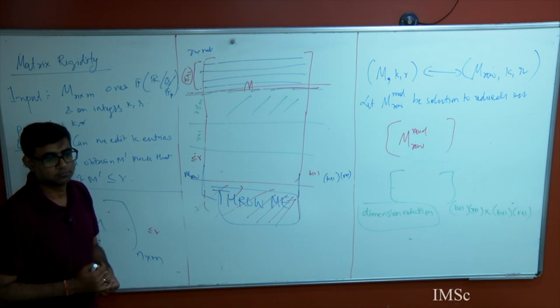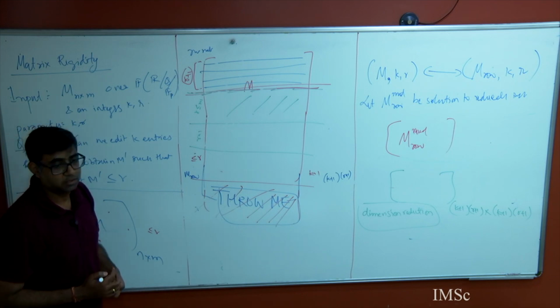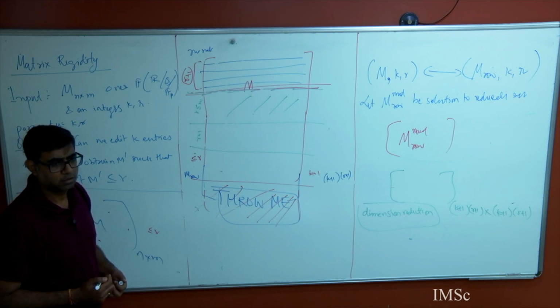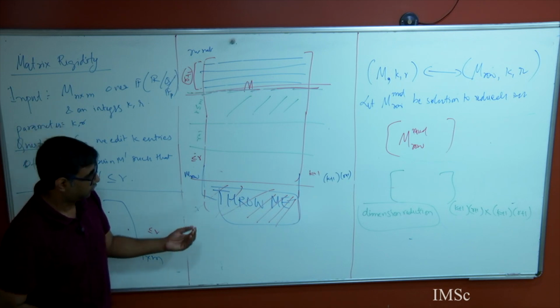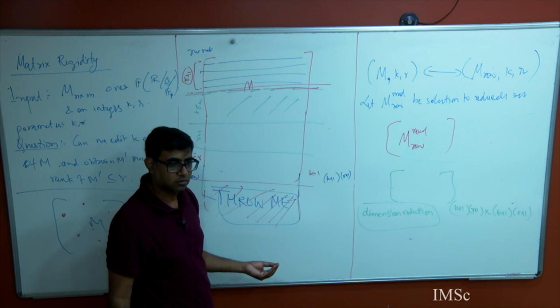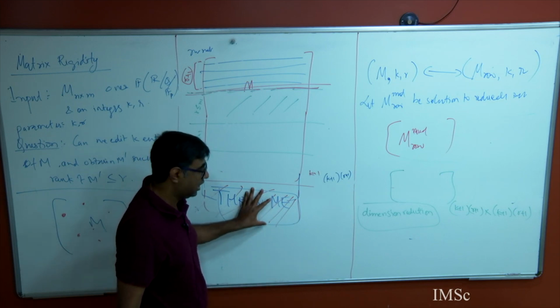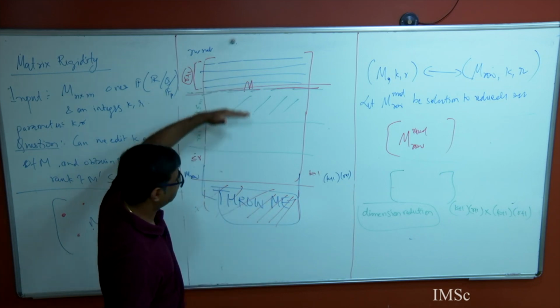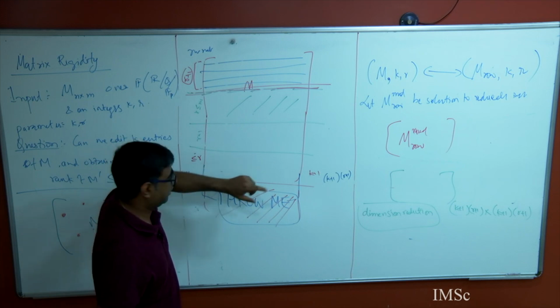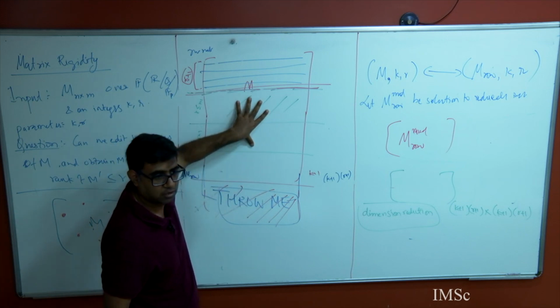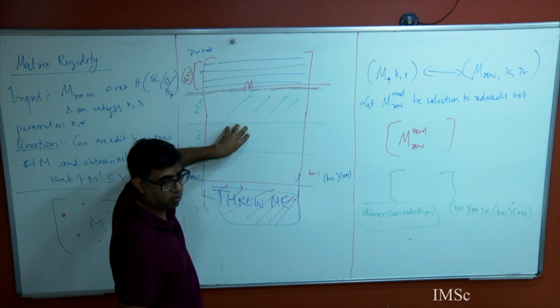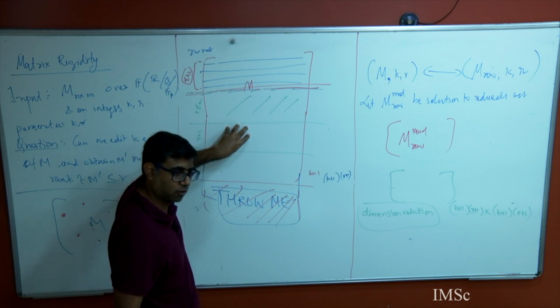The thrown rows were not there in this. Yes, the thrown rows are not in the k plus 1 blocks, no? But that block has a rank at most r. It means that particular block had rank at most r even before.